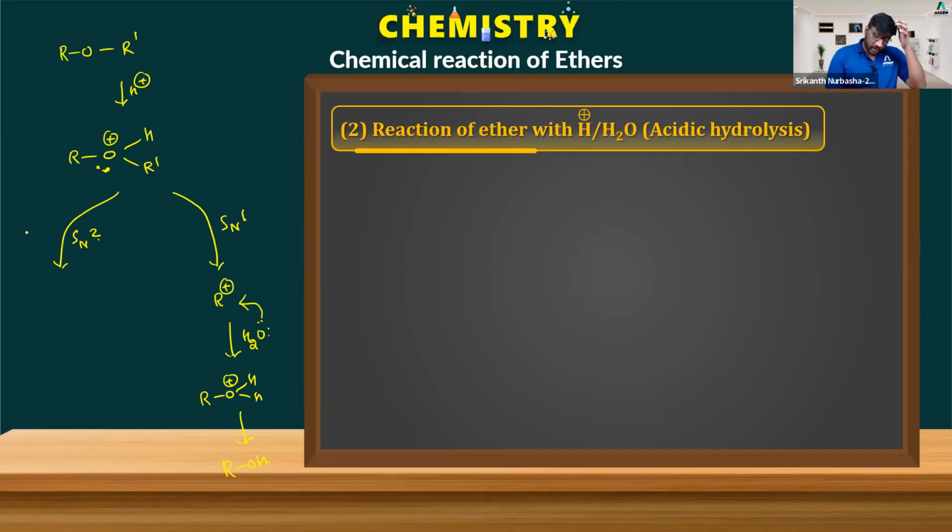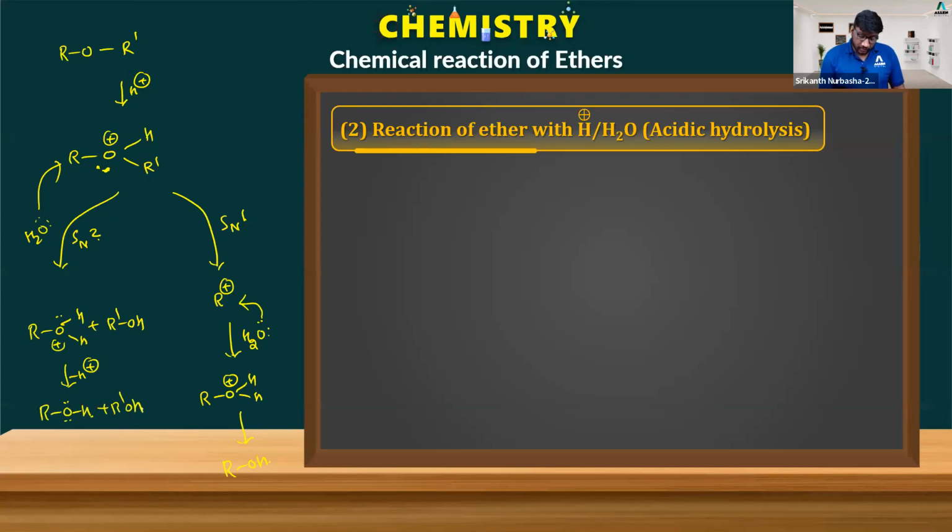SN2 means H2O directly attacks, generates ROH2 plus and R'OH. This ROH2 plus will again lose H plus. Loss of H plus occurs. You generate ROH plus R'OH. Here also, as soon as the carbon-oxygen bond is cleaved, you generate R'OH.